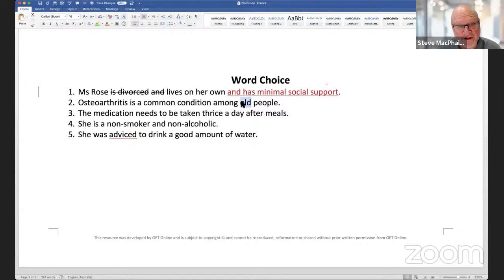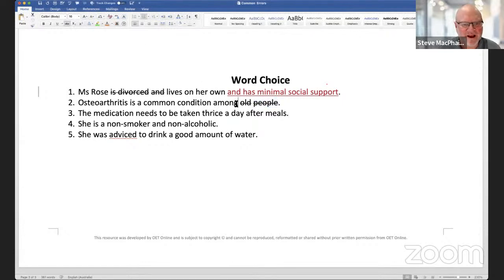Osteoarthritis is a common condition among old people, not old. Someone said older people, no. Elderly, getting closer. Yes, elderly.